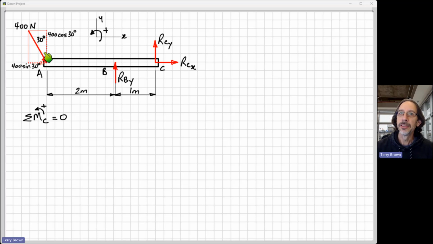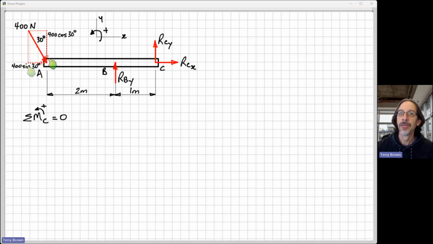Okay, so looking at how this is defined, we've got 30 degrees here defined between this force and the vertical direction. So this component here, or this side, is the adjacent side to this angle, so it's 400 cos 30. If you need to go back and review your trigonometry and Pythagoras' theorem, then make sure you do that.